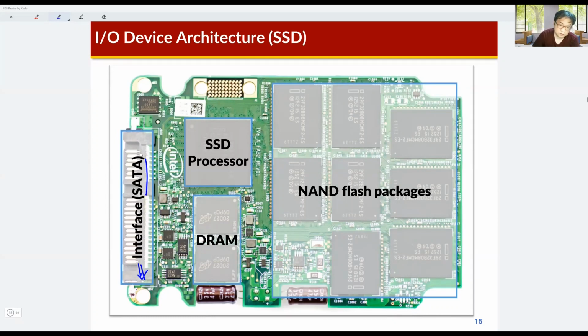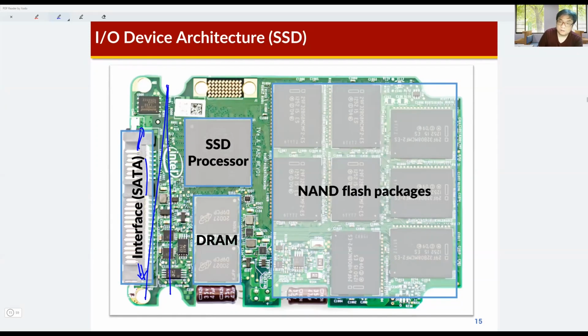Through this interface, the SSD may receive commands, and also transport its own status to the CPU. The SSD receives commands from the CPU, that means the operating system, and also receives or transports data to the CPU. So this is the interface part, the hardware part.